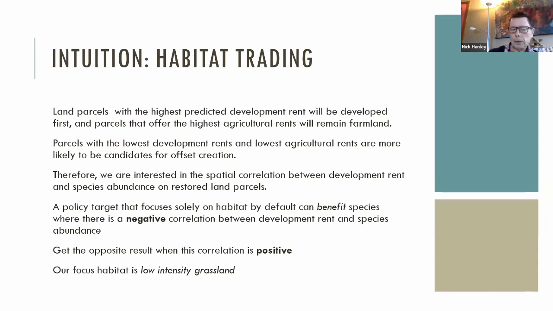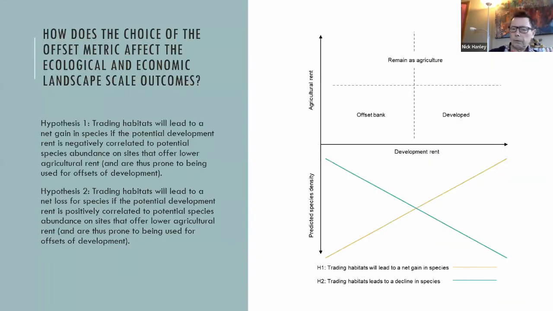So our prediction might be that the outcome in terms of species abundance from having a habitat trading metric is going to depend on this empirical relationship between development rents and species abundance in our offset market. And you can draw a picture of that, which is all I've done there. And that's really important. The sign of the correlation is going to basically say whether trading in habitats is going to lead to a net gain in species overall or to a decline in species.